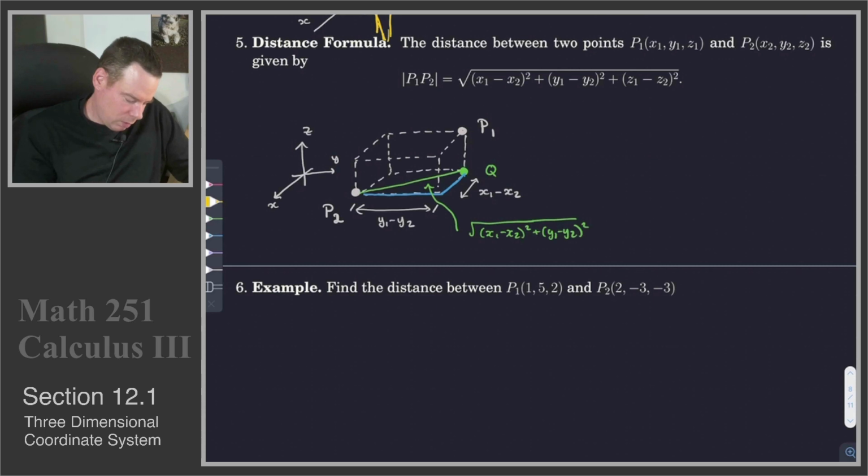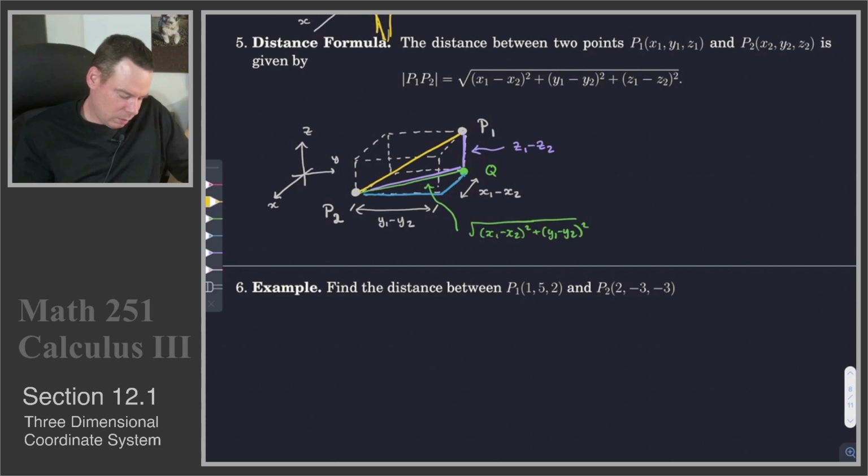Now I'm really interested in the distance from point P2 to P1. And I can see that there is another right triangle here that I can use. I already know the length of the green side of it. The length of this side of that right triangle is the difference between z1 and z2.